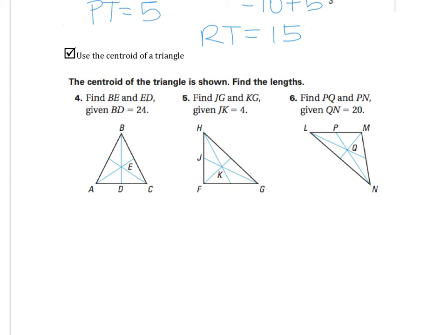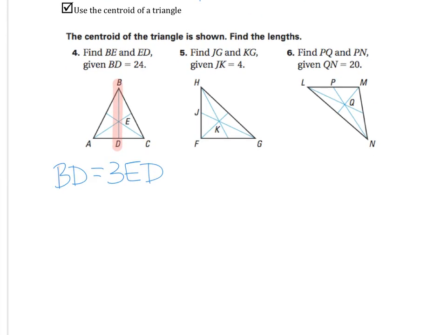I will continue and do each of these because I know doing them on your own is going to be a challenge, and it's always good to have as many examples as possible. So looking at this next one, BD. BD is the whole median. So I know the whole median is 3 times the short piece of the median.